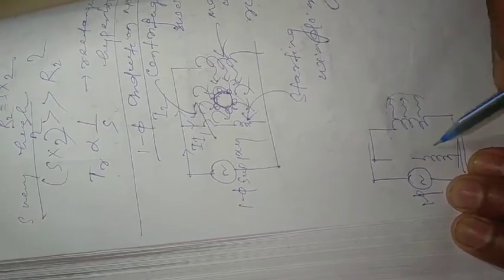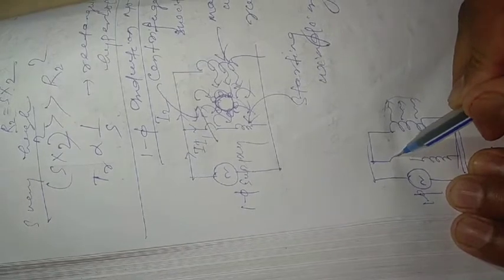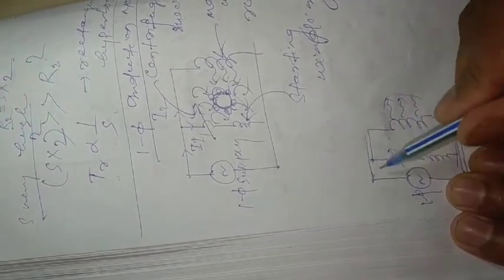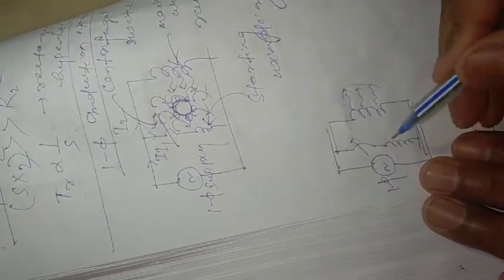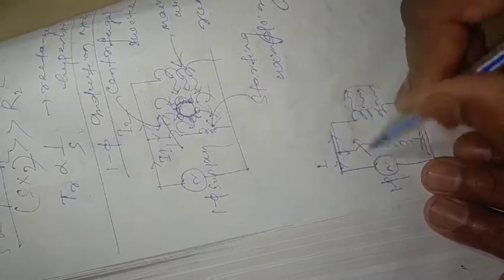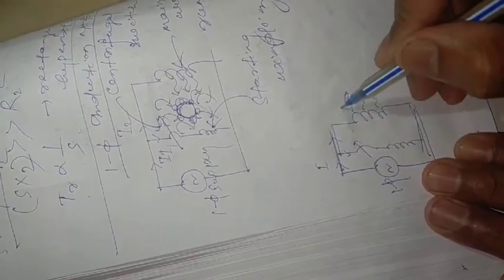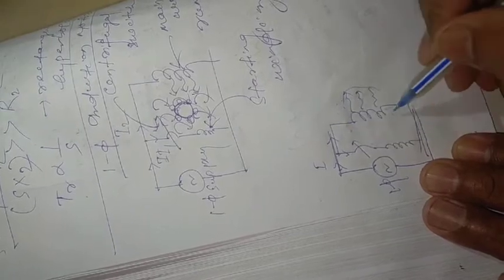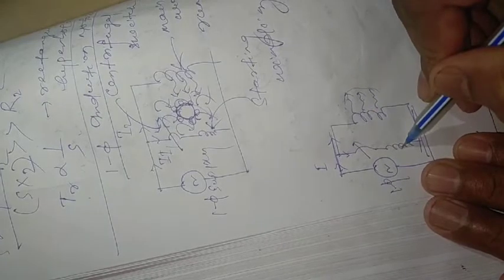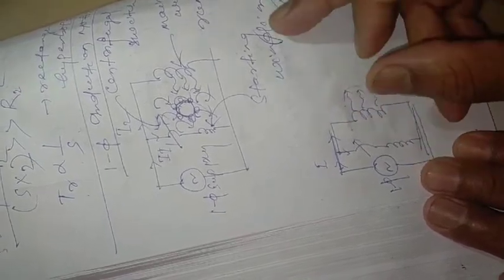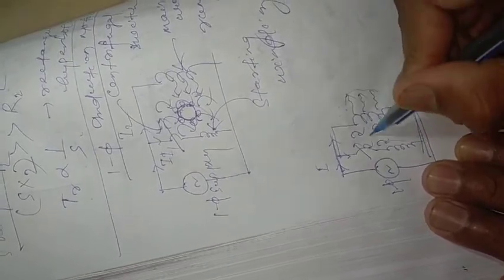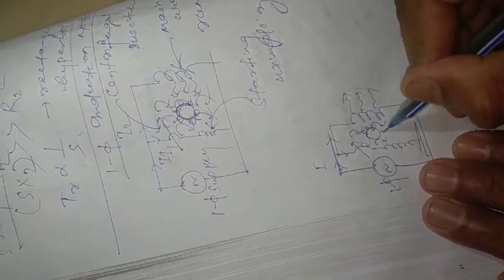Whenever we connect a different winding, the current is divided into two parts. One goes this way, one goes this way, and each produces a field. Whenever we have more than one field, only then can we have a revolving field. If I put a rotor in that field, that rotor can rotate.